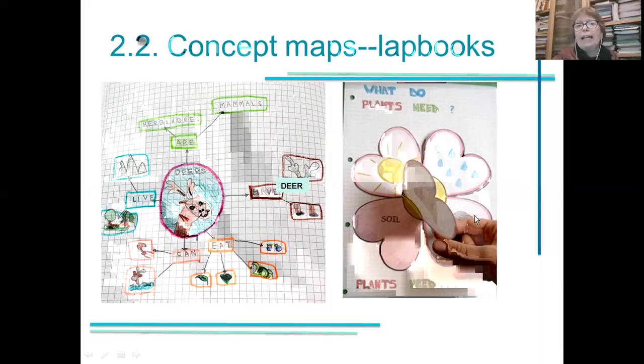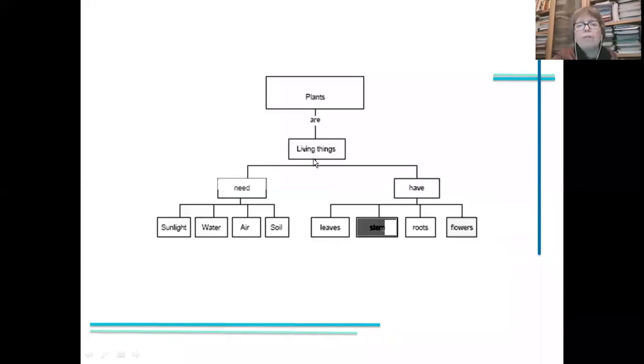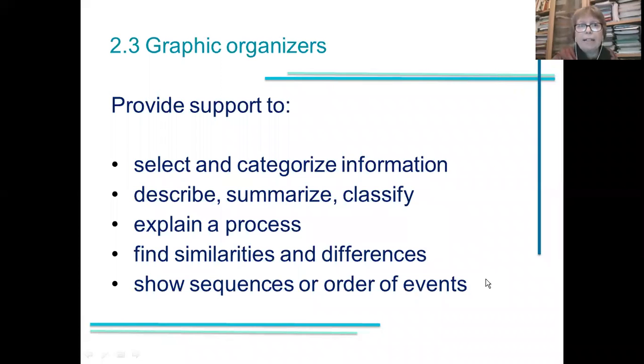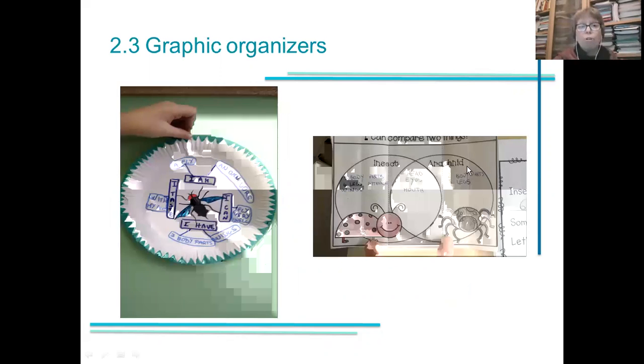You can make a kind of flap book, you can make a kind of concept map like this, because graphic organizers provide support for the student to select the information I need to make the concept map, categorize information, summarize, explain a process, find similarities and differences, and speak about what I have learned.